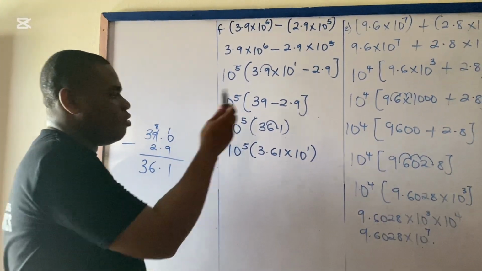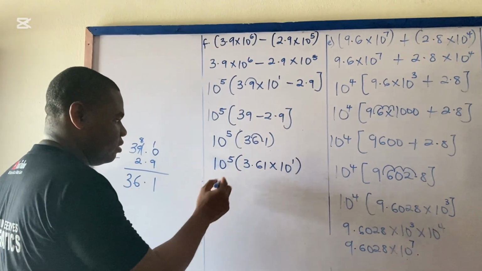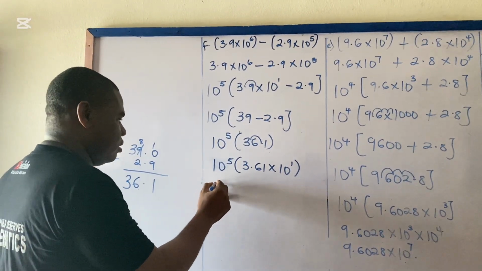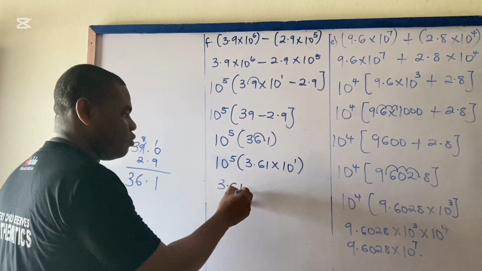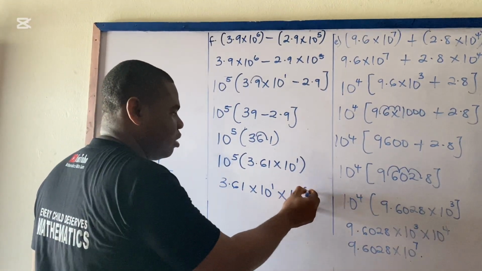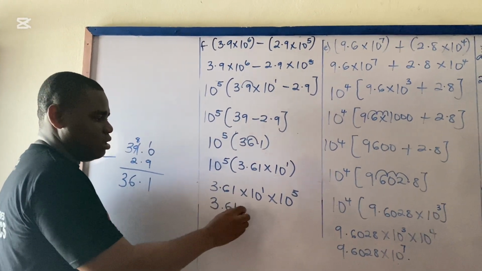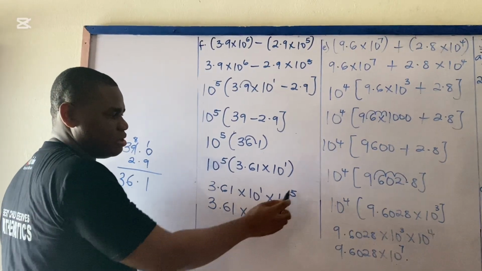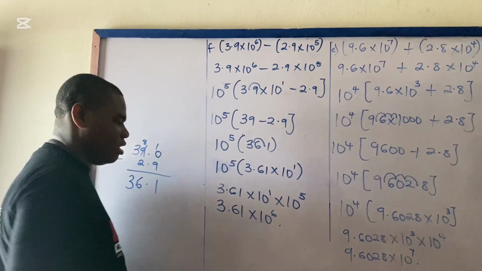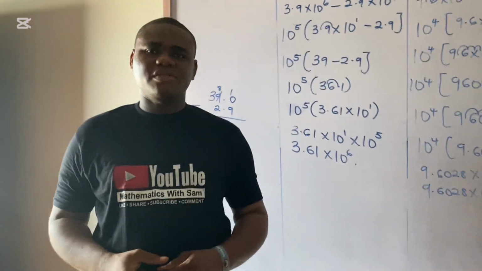When we go forward the power is positive, and when we go backward the power is negative. Alright, so in this case we have 3.61 times 10 raised to the power of 1 times 10 raised to the power of 5. So this will end up as 3.61 times 10 raised to the power of 1 plus 5, which gives us 6. So our final answer is 3.61 times 10 raised to the power of 6.